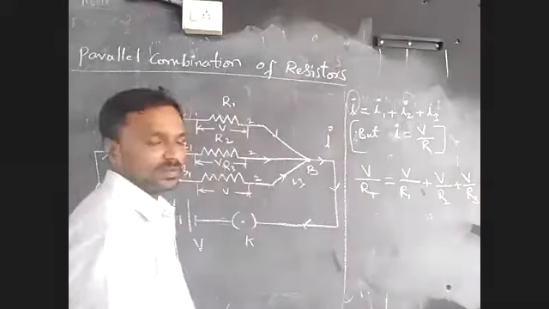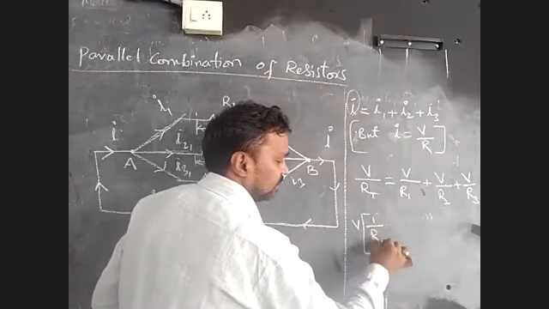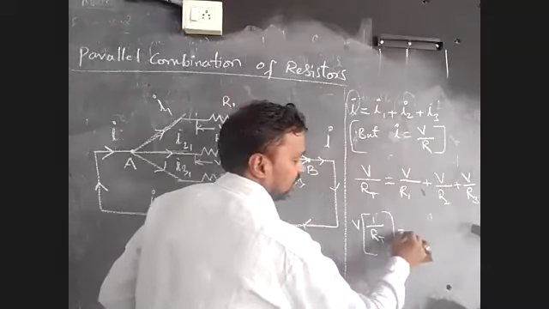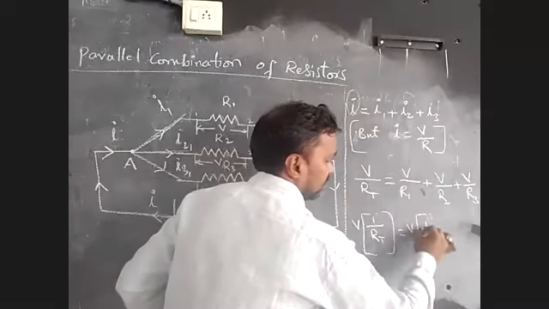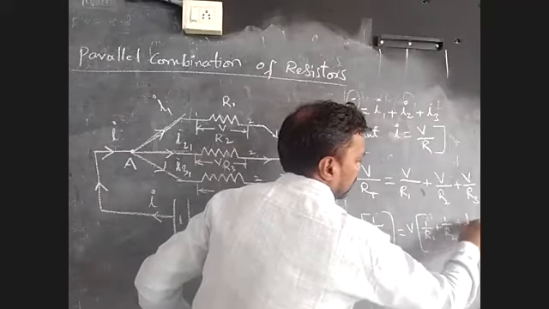Plus V divided by R3. If I take V common here, V into 1 by RP is equal to V into 1 by R1 plus 1 by R2 plus 1 by R3.